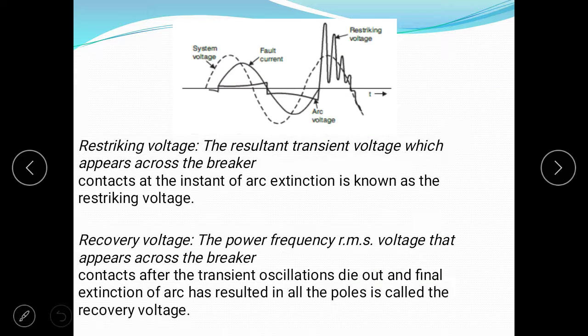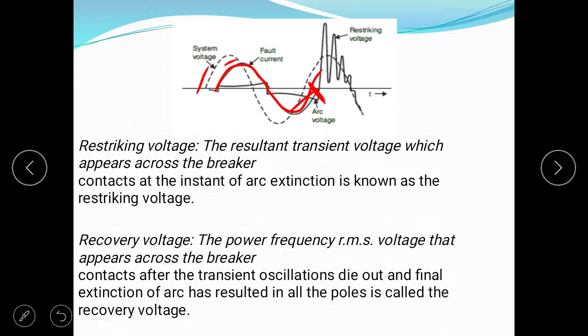This waveform represents the voltage and current waveforms. The system voltage is sinusoidal, which is represented with a dotted line, and the current is lagging by angle phi. So the fault current is this. It is also sinusoidal. Now the circuit breaker trips the circuit when the current is at zero, meaning at this point.